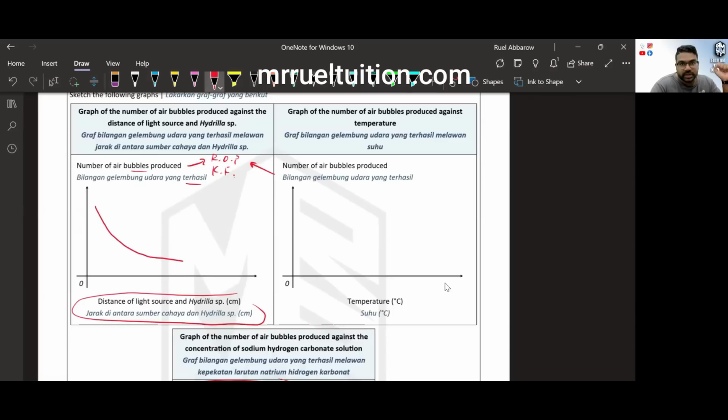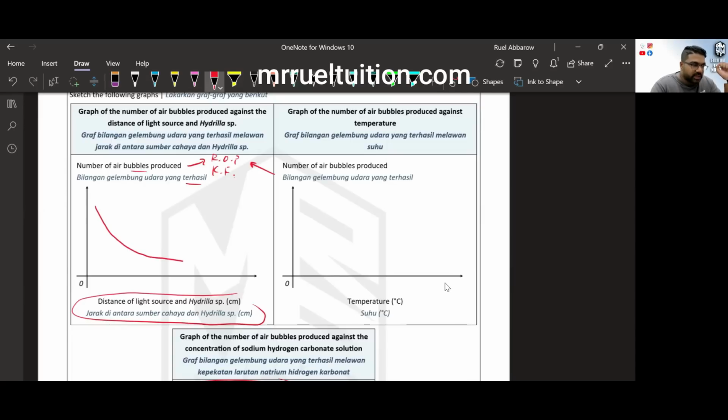It should be inversely proportional, a downward curve. This is the type of graph you should get for distance of light source.